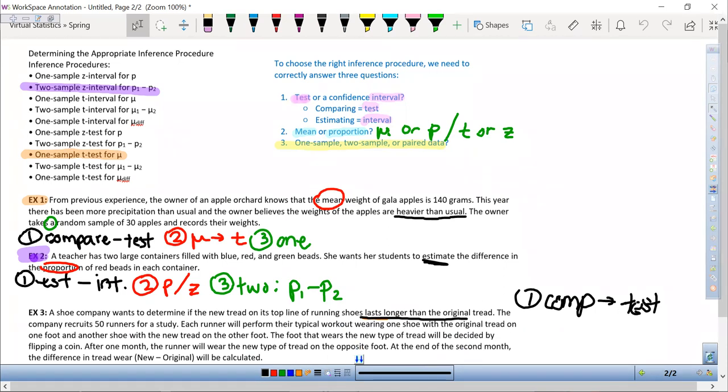Then we're looking at whether we have a mean or a proportion. And if we look at this problem, it doesn't really tell us a mean or proportion. So let's look at the third item to kind of figure that out. So with the third item, because we have the difference in treadwear new versus original, we're doing paired data. When we have paired data, it's always going to be the mean difference.